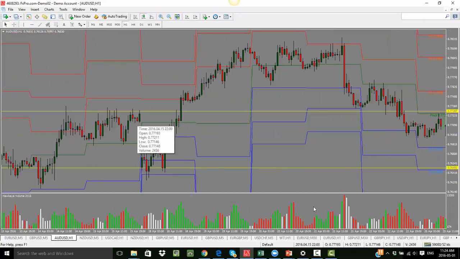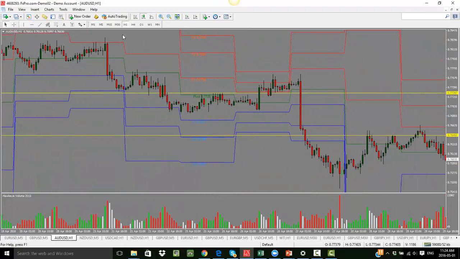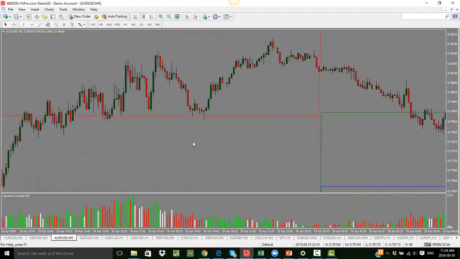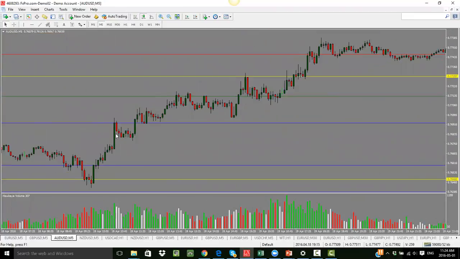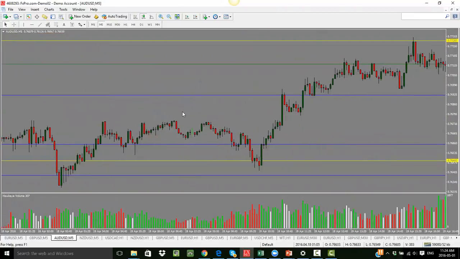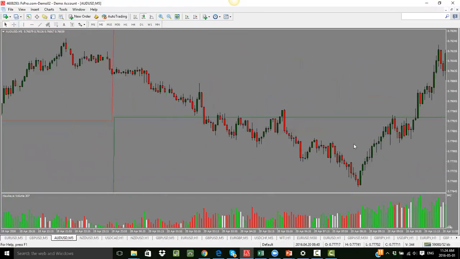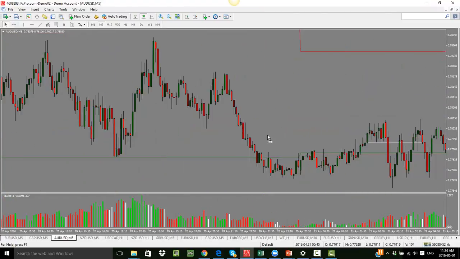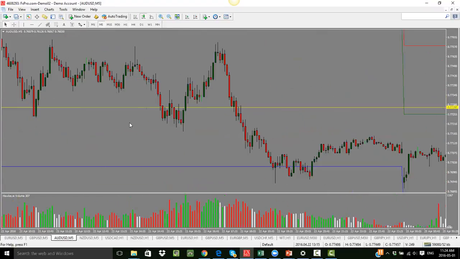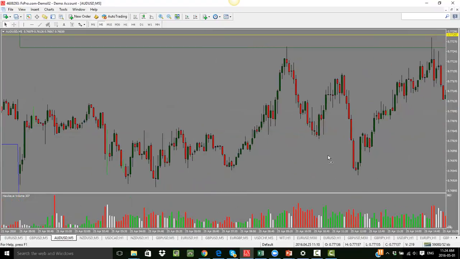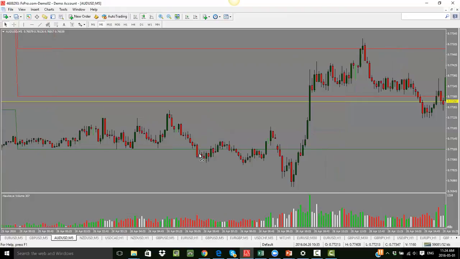It may have been over here, on a 5-minute chart. Sorry, I'm trying to find it. There was a big pin bar and a rejection at the bottom. Okay, I can't seem to find it.